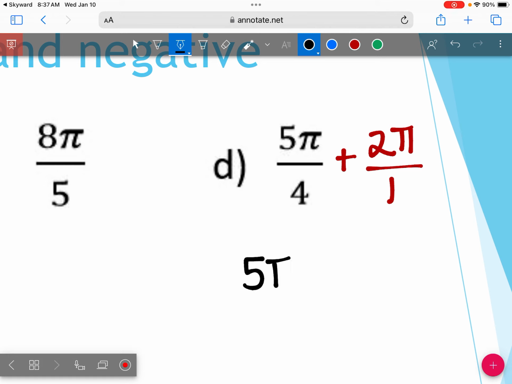So how would I rewrite 2 pi to have a common denominator of 4? So what would it be? 8 pi over 4. Good job.